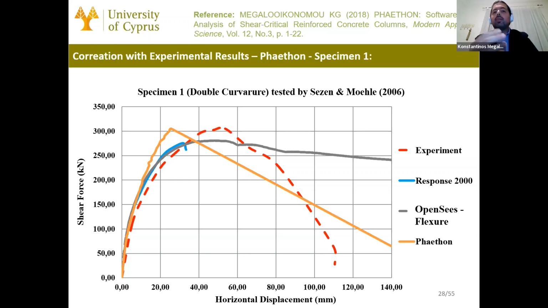And I want to show that even with a fiber model, the difference in the case of shear-critical columns is very large, and you don't model the actual mode of failure of the column. This is the reason I did that.